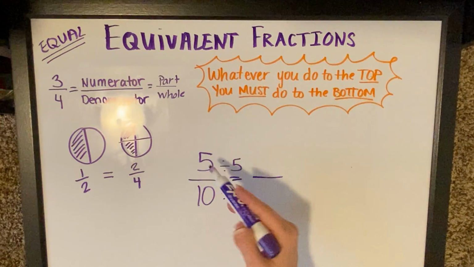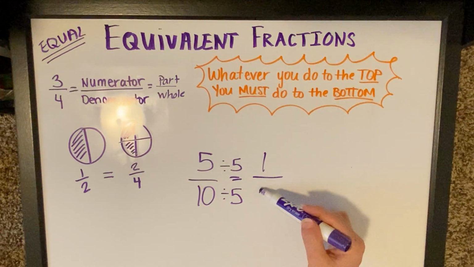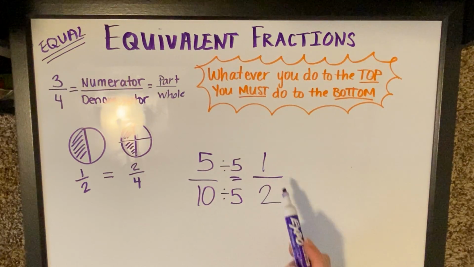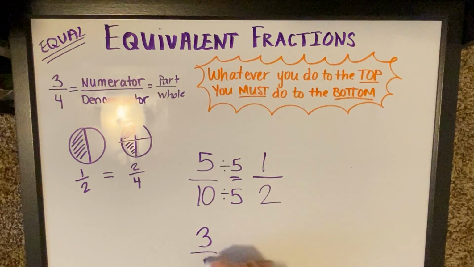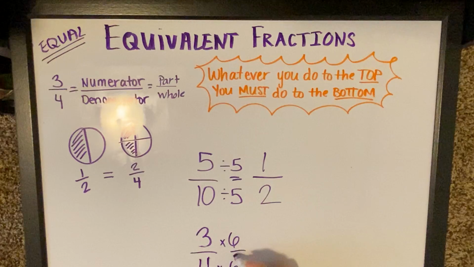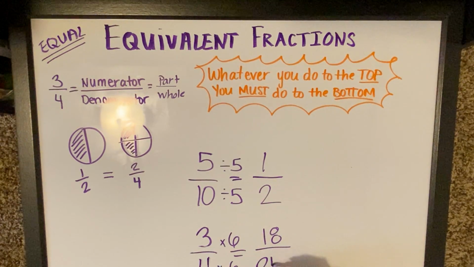So if I did this problem, 5 divided by 5 is 1, 10 divided by 5 is 2. So I know 5/10 is equal to 1/2. You might be given a fraction and be asked to multiply by a certain number. So 3 times 6 is 18. 4 times 6 is 24. So I know that these are equal.